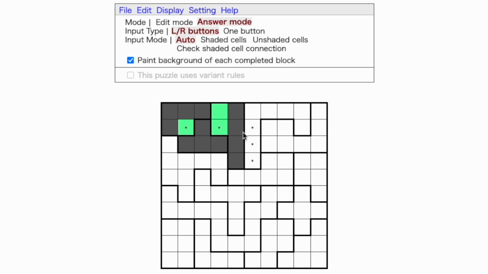Can't be here because we have 4 in a row, or 2 I's touching. Can't be there. This is out. This is out. So we've got at least these 3. Not this because it'll be 2 L's touching. So it's like that. This is out, which takes that out. And this is out because we get a 2 by 2.